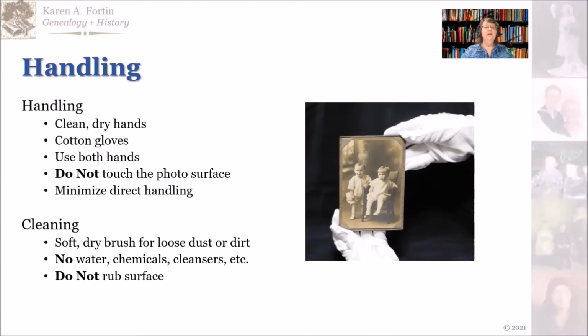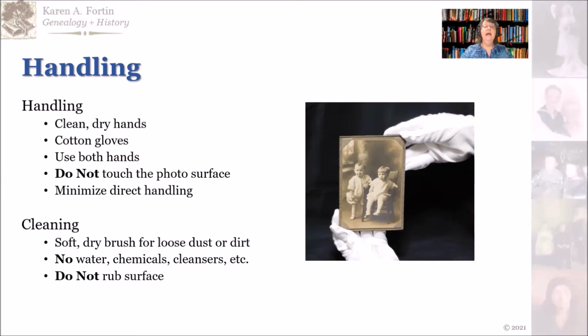If there is loose dust or dirt on a photo, you can try very gently and carefully brushing it away with a soft, dry brush, such as an art brush that you might find in an arts and crafts store. However, if the material is stuck to the photo, don't try to pry it up.